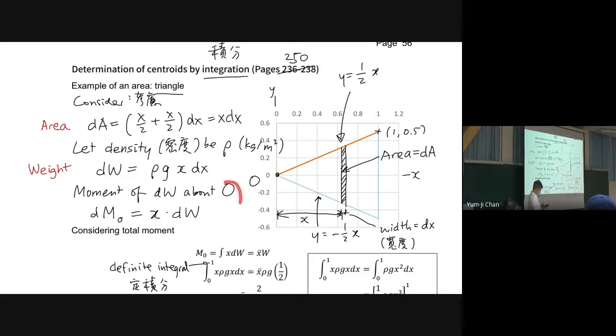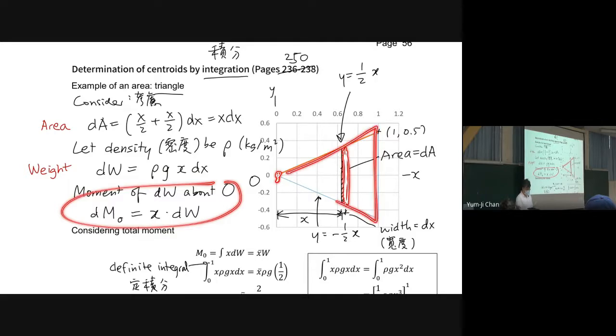This is the moment of this dW about point O. Then how about the total moment of the total area about O?